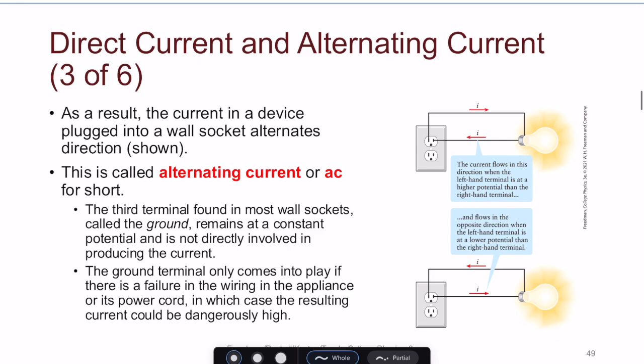Another interesting aspect of alternating current and our household electricity is, if you look at a plug, you will notice that there are 3 holes, and I'll explain their function. The first 2 holes in your outlet are responsible for being the positive and the negative side of your circuit.